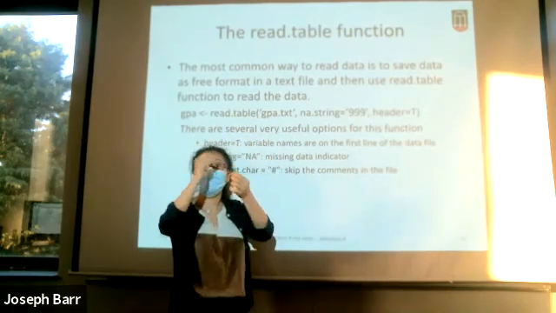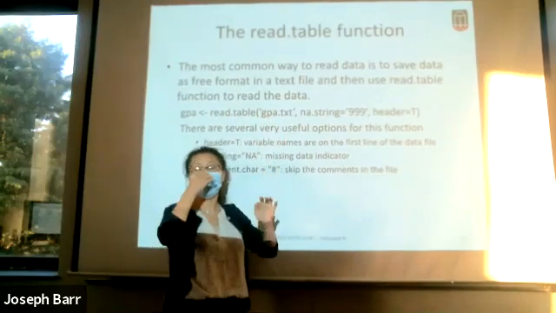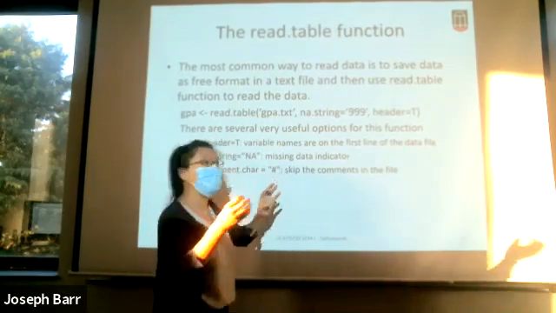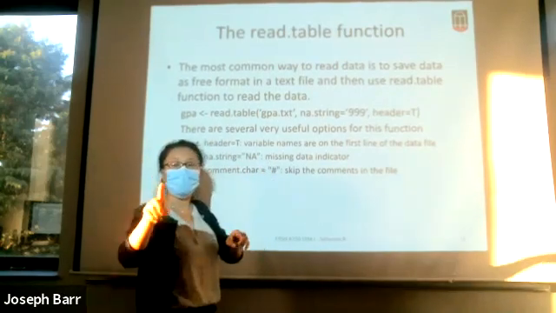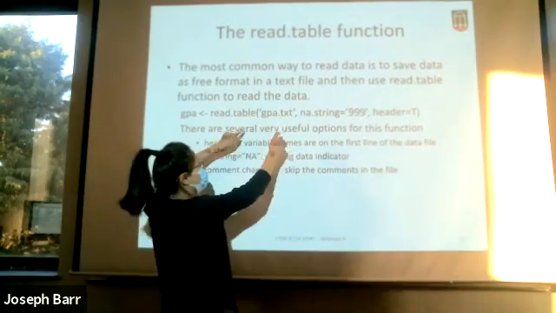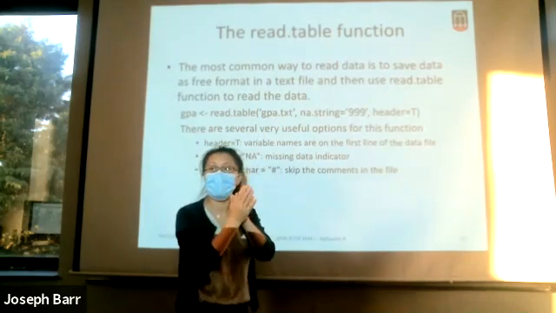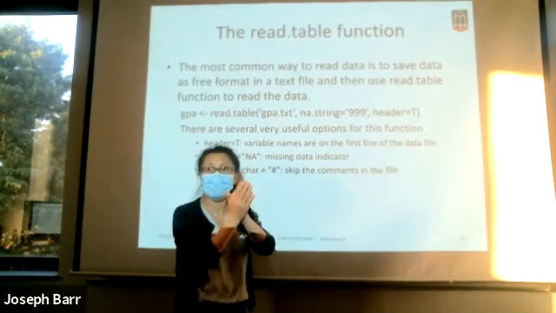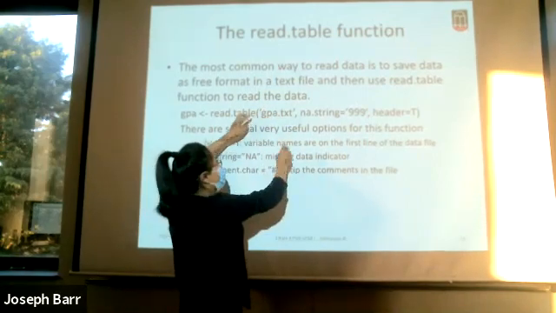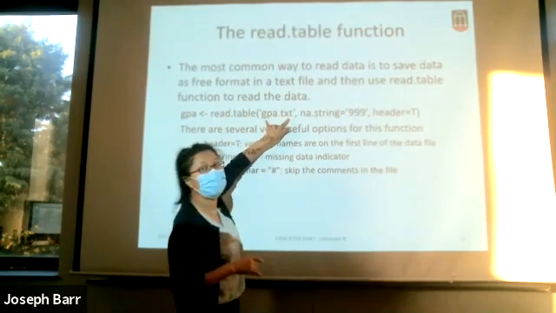You have to give the specific location of the file. Otherwise, R doesn't know where the file is. My suggestion is that all of this data is available in ELC. Go to ELC, download that file, and save it to the same folder, the same working directory, so that you don't need to change the directory here. Then directly put the file name here.